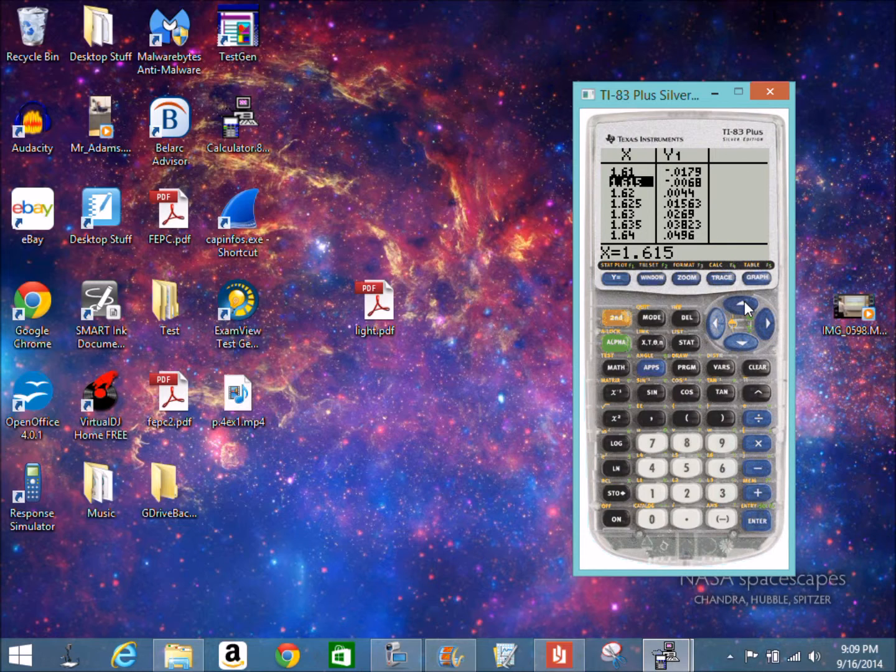And so I can come back, set my table to 1.615, and now I can come over here and count by 0.001. What that lets me do is get really close. And so just by guessing, I would say 1.68 or 1.69 would be my x value for the solution.